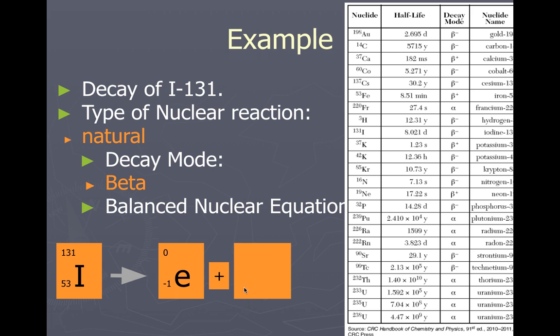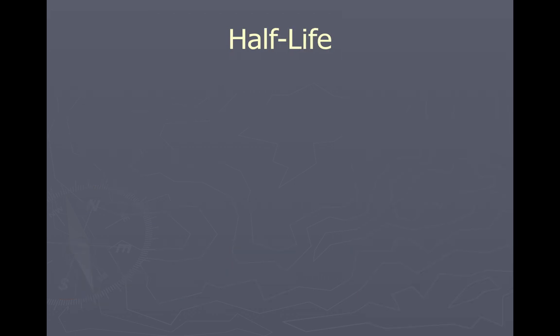So -1 plus what will make 53? 0 plus what will make 131? Okay. So again, -1 and 54 will equal that 53. Remember, everything has to be conserved. When I look up 54 on the periodic table, it is xenon. Okay, so that's how you can use table N to write balanced equations.